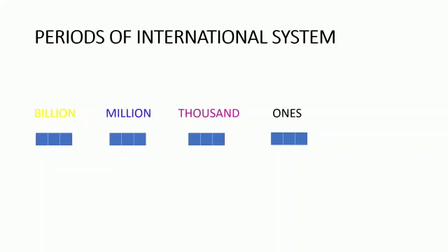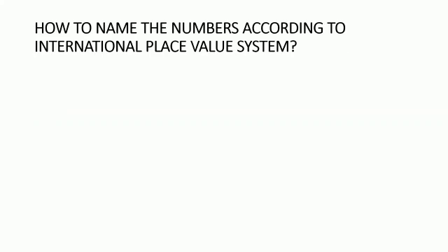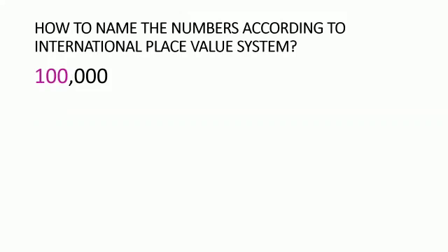Now you are seeing the next slide. That is showing how to name the numbers according to the international place value system. The first example is 100,000. See, already I said to you, each period should contain three digits.